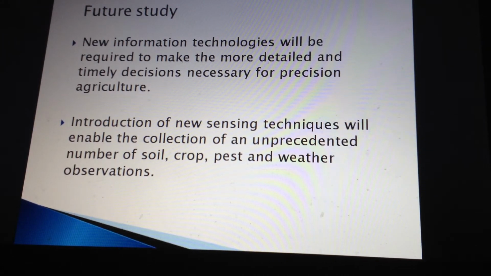Future study: new information technologies will be required to make the more detailed and timely decisions necessary for precision agriculture, and introduction of new sensing technologies will enable the collecting of an unprecedented number of soil, crop, pest, and weather observations.